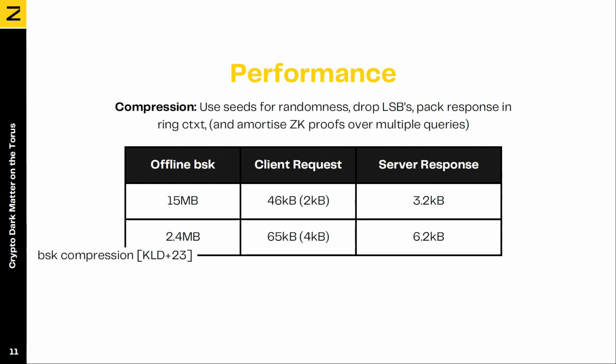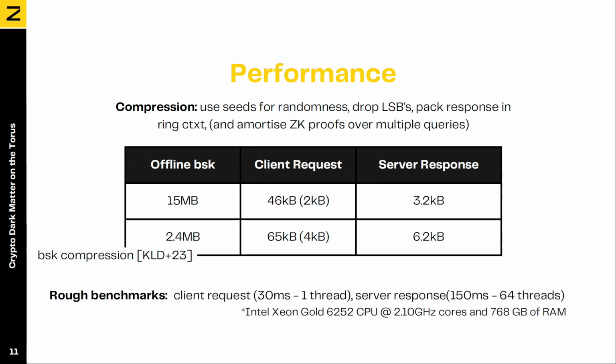On the other hand, the server response is just 3 kilobytes. Another thing you can do is compress the size of the bootstrapping key at the expense of larger online communication costs.